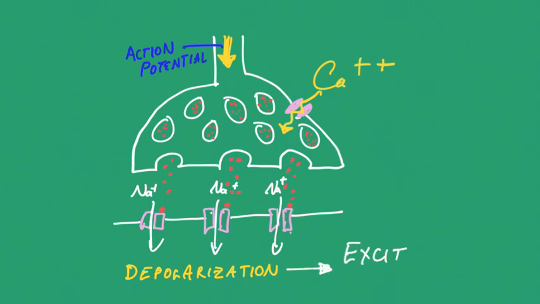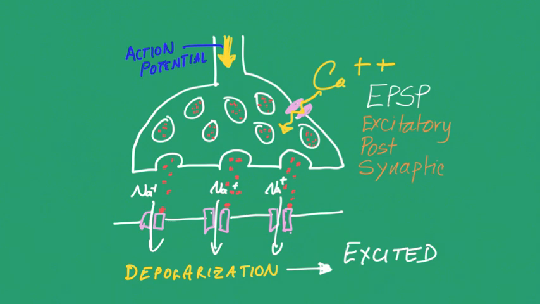The postsynaptic neuron is now excited. We call this type of local potential an excitatory postsynaptic potential, EPSP for short. Excitatory postsynaptic potential, which means that the postsynaptic neuron is now excited.